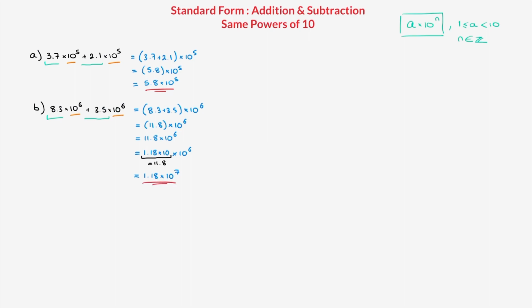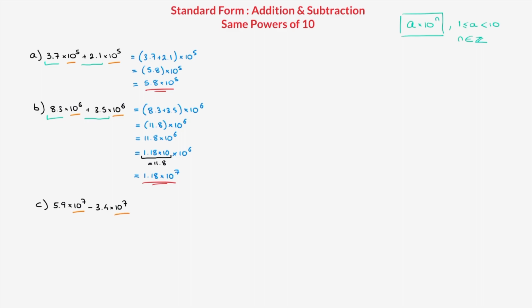Let's look at some subtraction now. And so I'll say question C right here. And say we need to calculate 5.9 times 10 raised to the power of 7 minus 3.4 times 10 to the power of 7. Well, once again, the first thing we notice is that both numbers involve the same power of 10. Indeed, we have 10 to the power of 7 here and 10 to the power of 7 here.